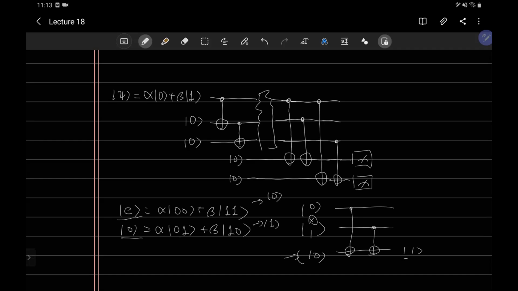In this case, I'm comparing three different qubits, and the first parity will detect whether these two qubits are the same or different, and then the second syndrome will detect whether the first and the third qubits are the same or different.